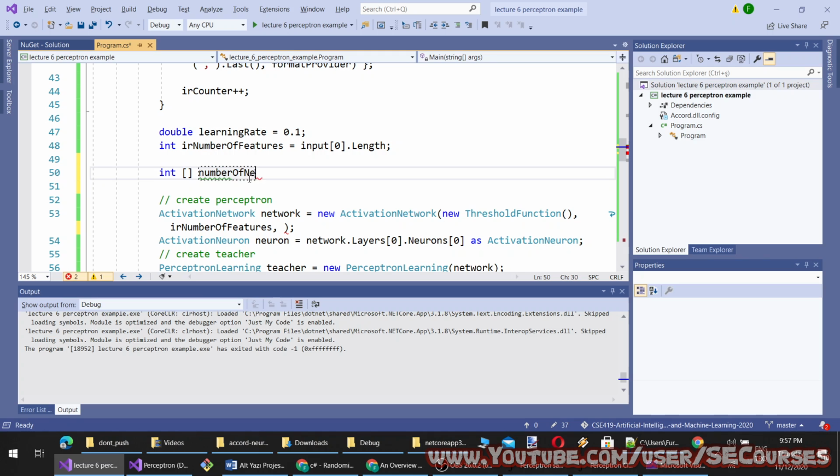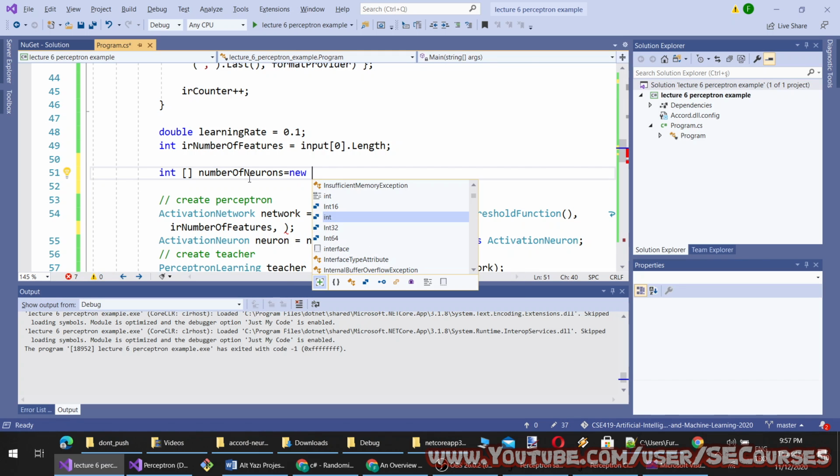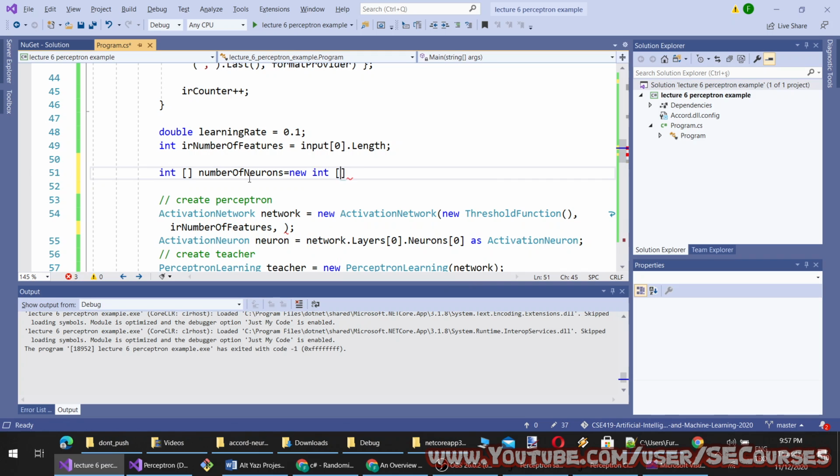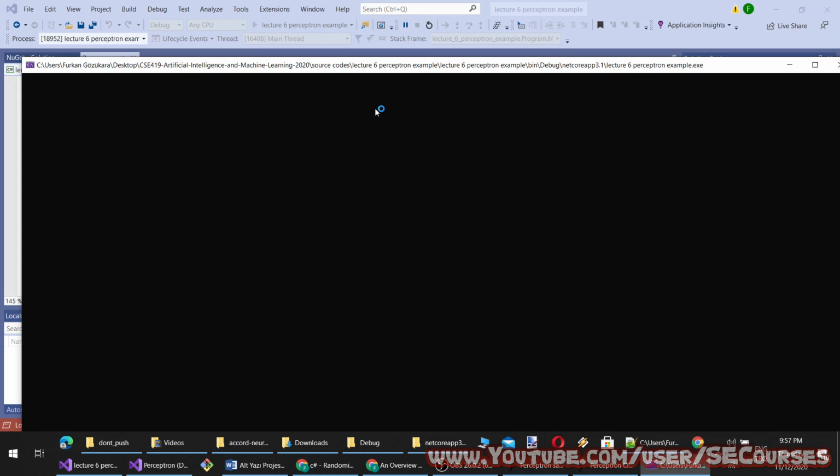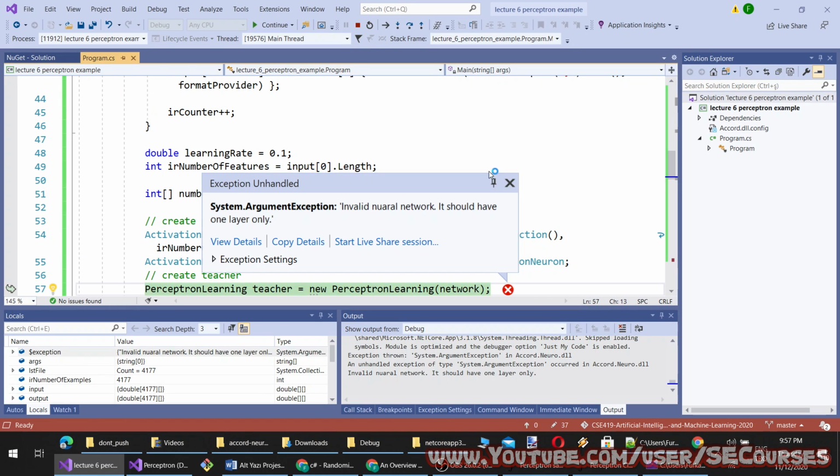Equal to, let's make it three layers, and I'm going to set each of them as 100. I wonder how it will work. Invalid neuron.